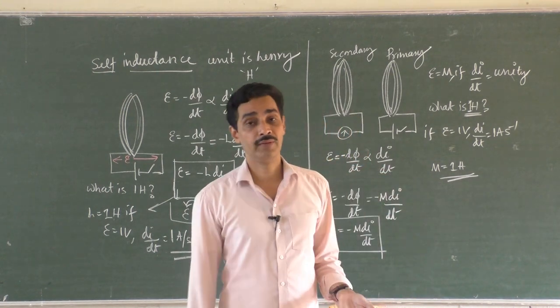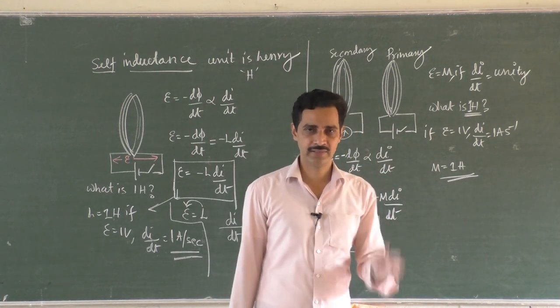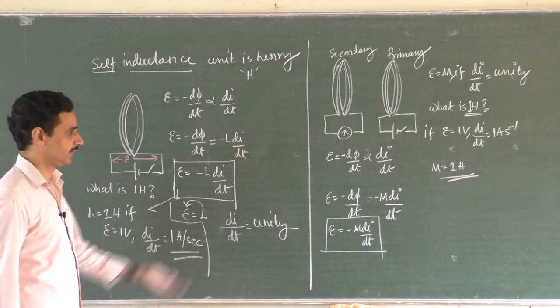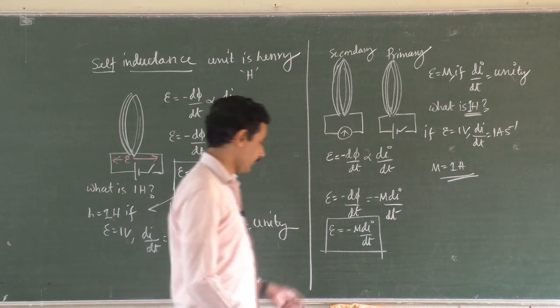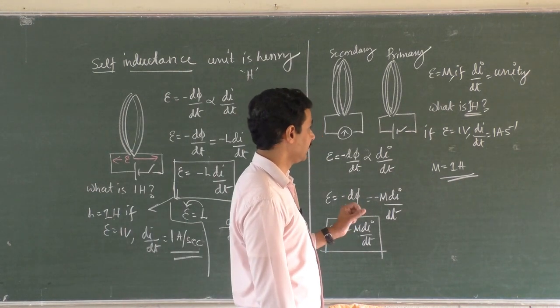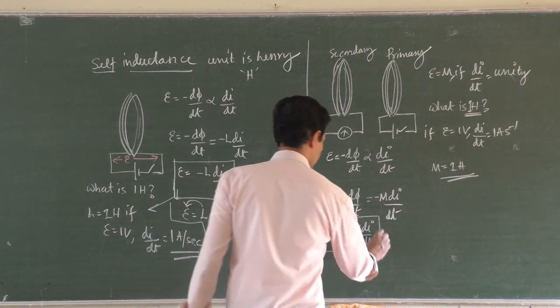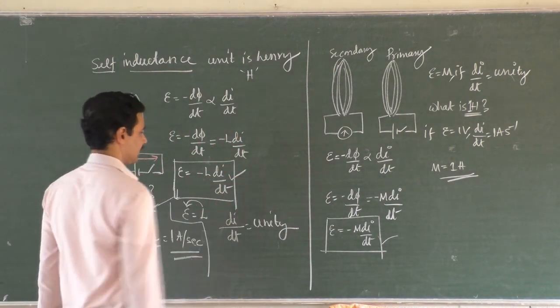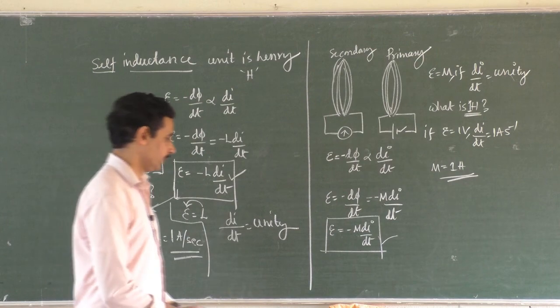Later we should have a formula for mutual inductance and self-inductance. That is another part, right? Hope you understand these definitions. So the formulas: E is equal to minus L di by dt, very important, and E is equal to minus M di by dt. Mutual inductance between a pair of coils and self-inductance for a single coil.